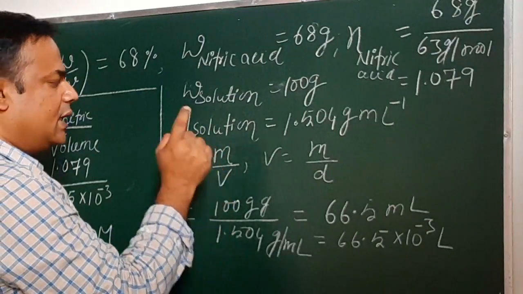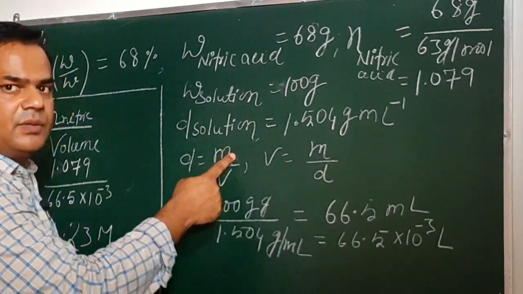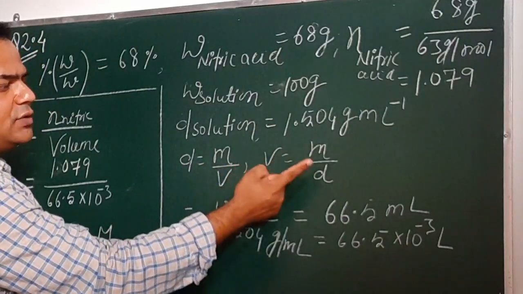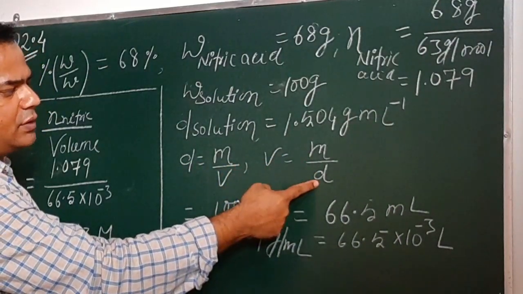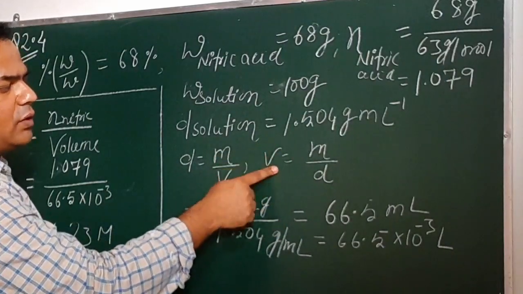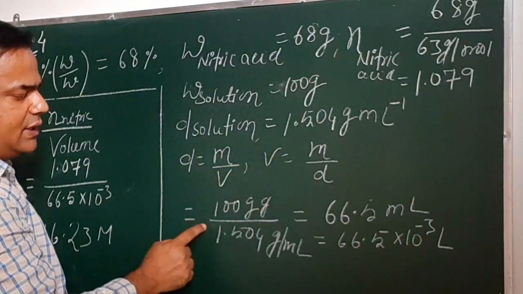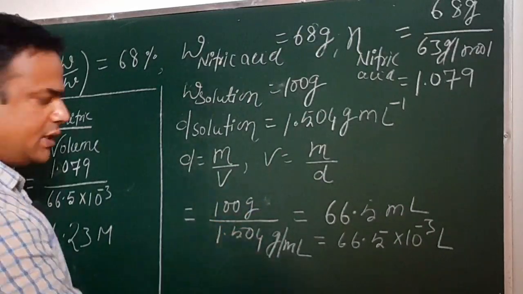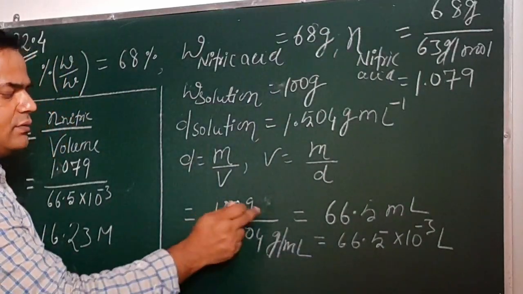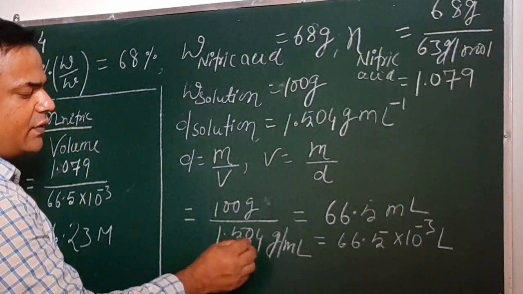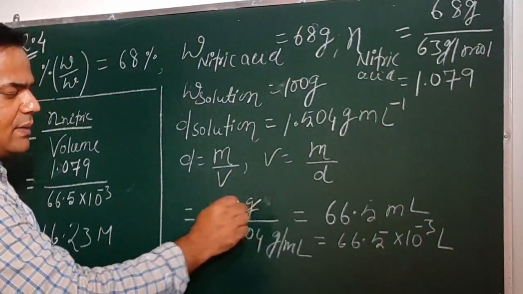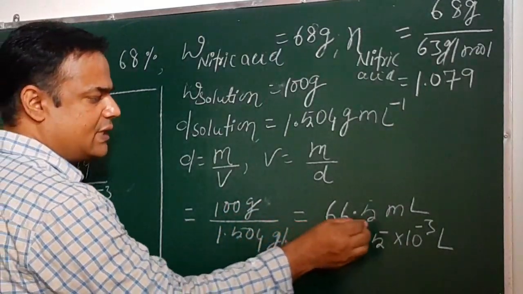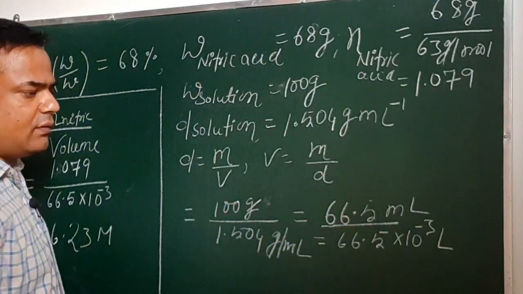If the given mass of solution is divided by the density of solution, we get the volume of solution. Here 100 gram is the mass of solution and density is 1.50 gram per ml. The gram will cancel out, ml will come upside, and on solving we get 66.5 milliliter of volume.